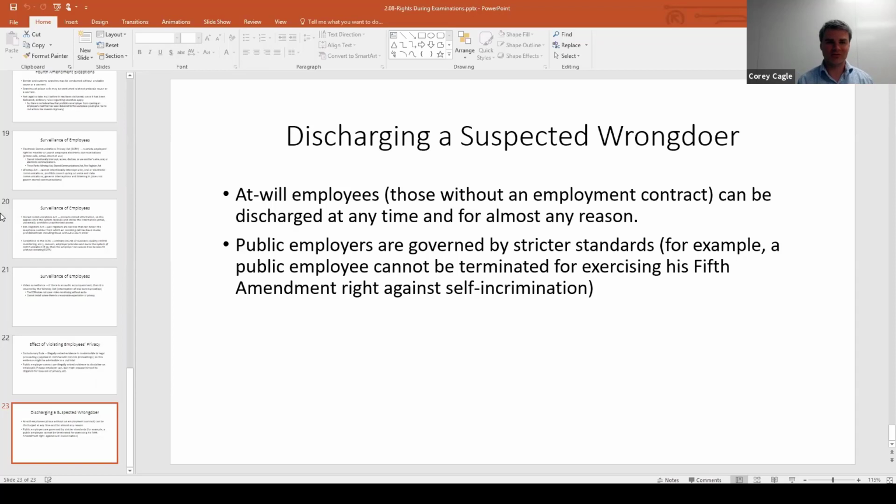Of course, then there's ramifications there too, with unemployment and costs and things. But anyway, public employers are governed by stricter standards. So a public employee cannot be terminated for exercising their Fifth Amendment right and things like that. So at-will employees can be discharged for any reason. People with a contract, then you've got more issues. Public employers, stricter.